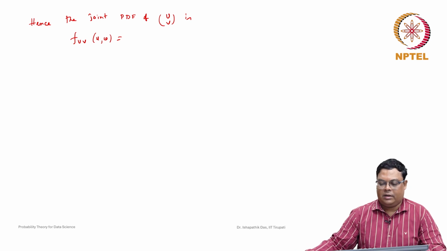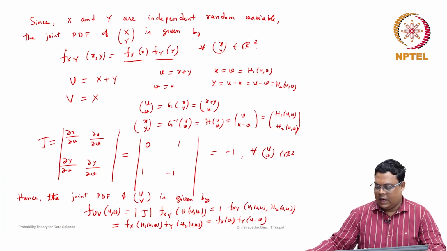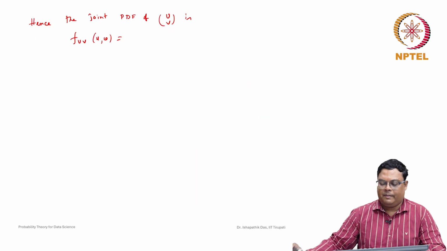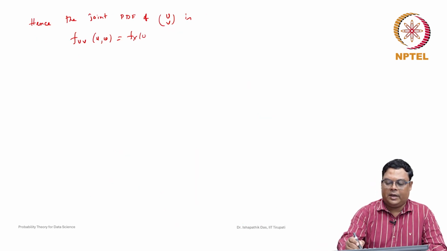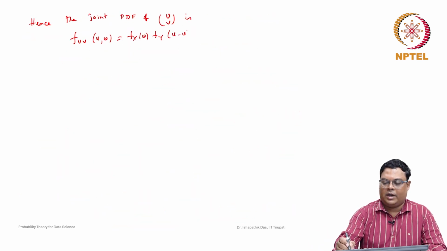Just writing again, f of (u, v) is fX of v into fY of u minus v.